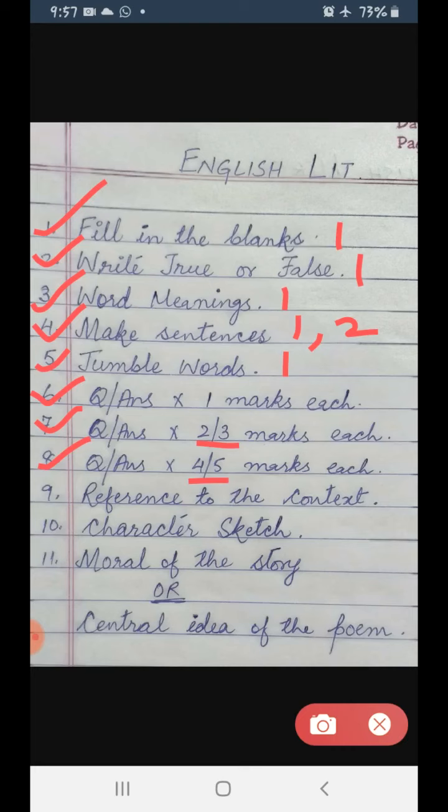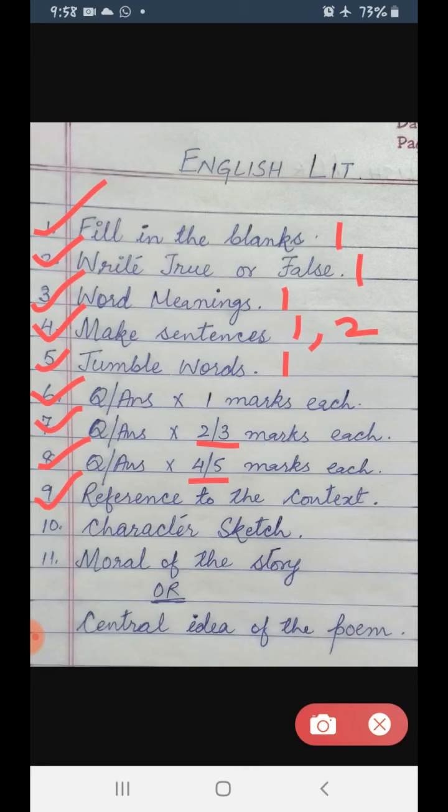And then after that you would be getting reference to the context. So, what is reference to the context? I hope you know what it is. Okay, let me tell you. Here you will be given a passage, and according to the passage the questions will be asked, just as we do in the language reading section. In the reading section we give a passage and there are some questions below the passage.